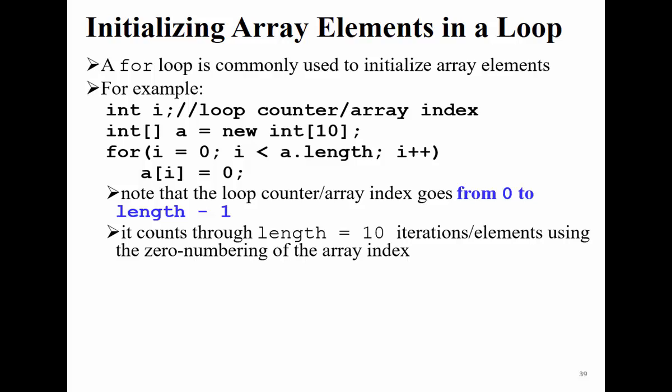In case you want to use a.length minus 1, you have to make it i less than or equal. So you have to make sure that you understand a.length correctly, because a.length returns the number of elements in your array, and in this case it is 10, and the indexes of elements start from 0 and end at 9. So always keep that in your mind.